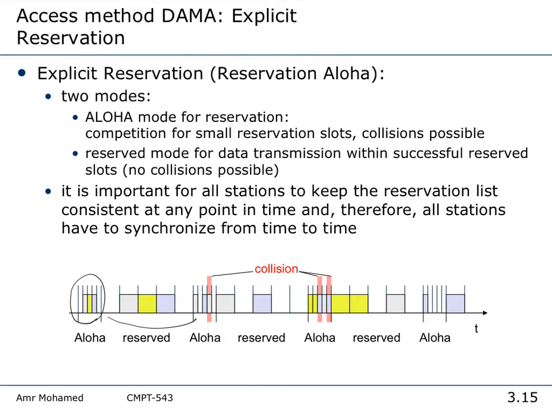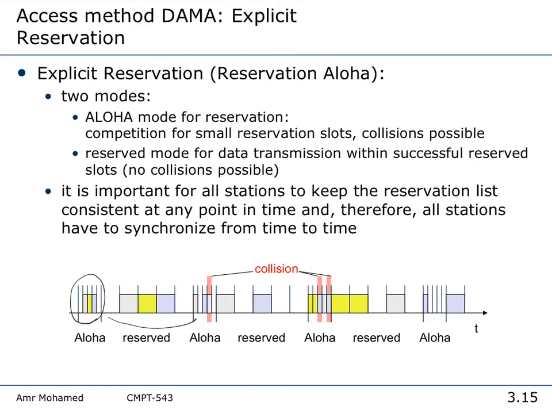The first phase is the reservation phase, and the second phase is the transmission phase. In the reservation phase, we do not yet know which nodes are accessing which time slot. So in this phase, they use slotted Aloha, but not for sending transmission, for sending a request to access a time slot.